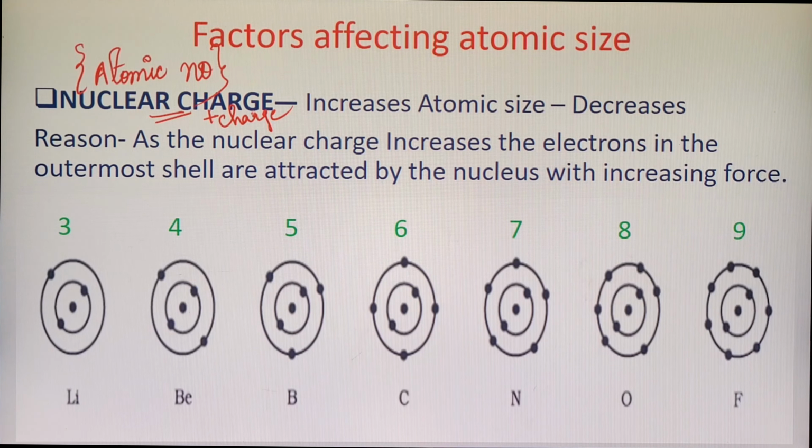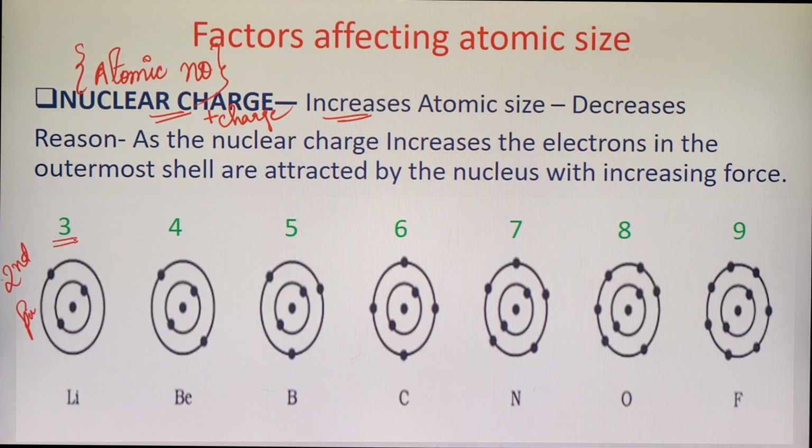So as the nuclear charge increases, or in other words, as the atomic number increases. For example, here, the second period has been shown to you. Okay, we have lithium, beryllium, boron, carbon, nitrogen, oxygen and fluorine. So if you can see here, can you tell me what is the atomic number of lithium?